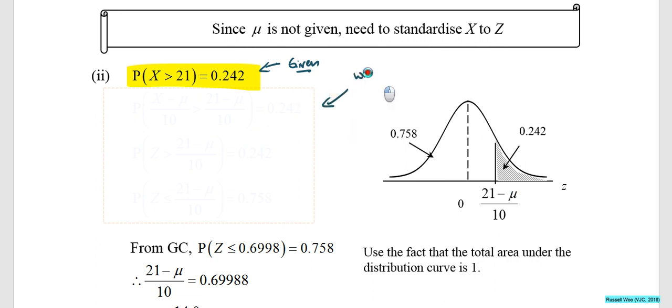Write this down. What would you do if you don't have mu? Just write down the first line. Help me. I give you a clue. Standardize. What is standardize?